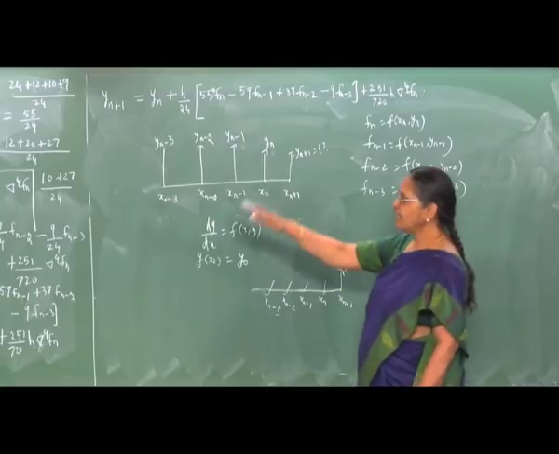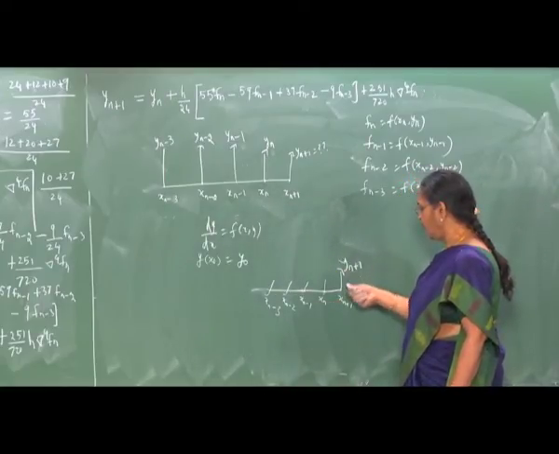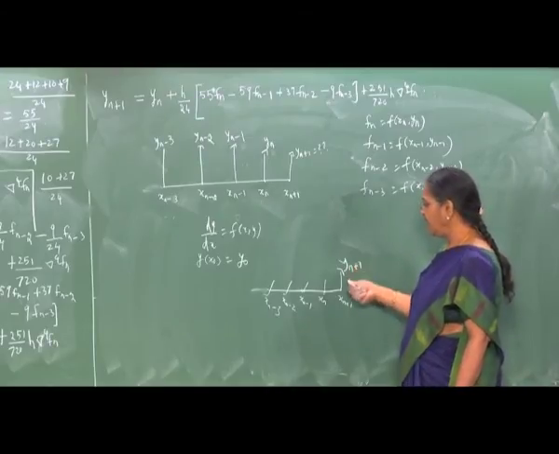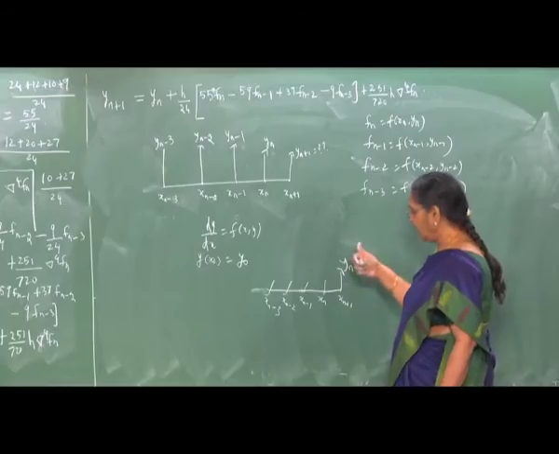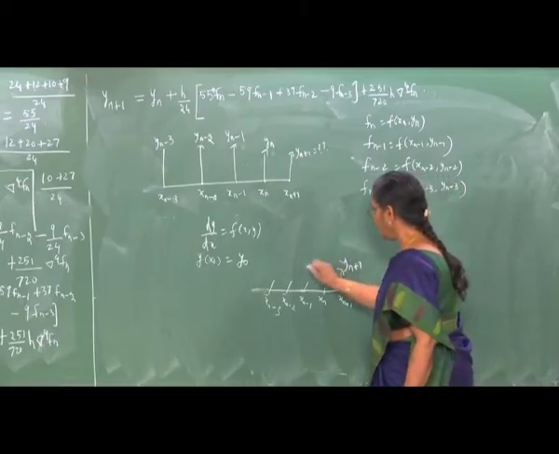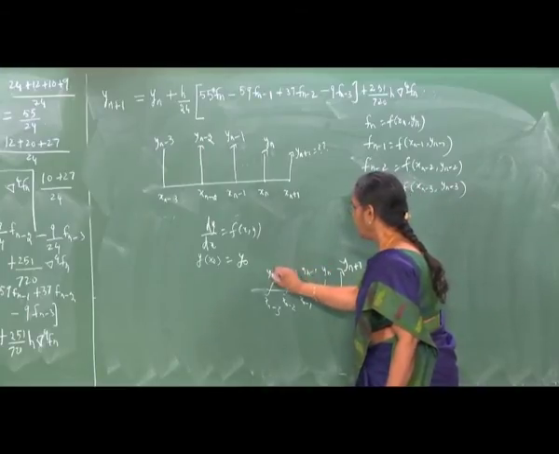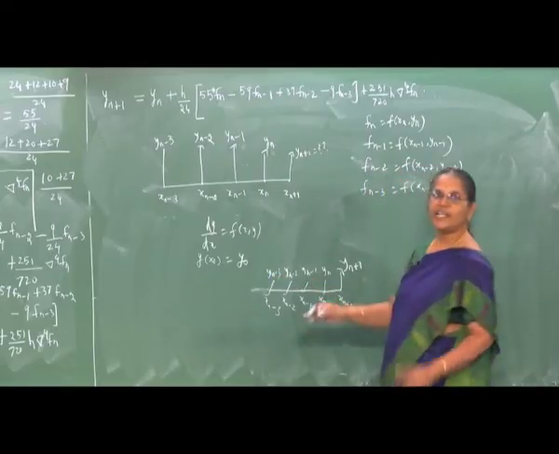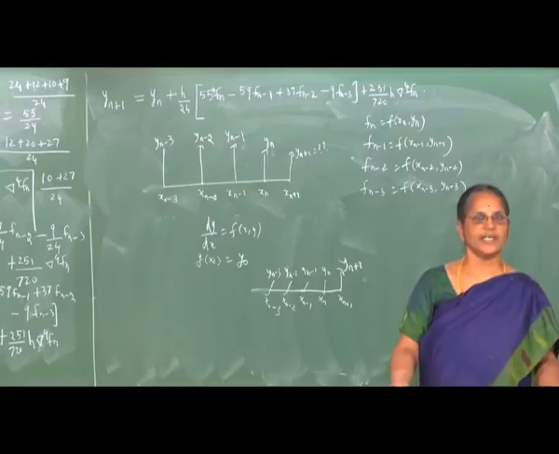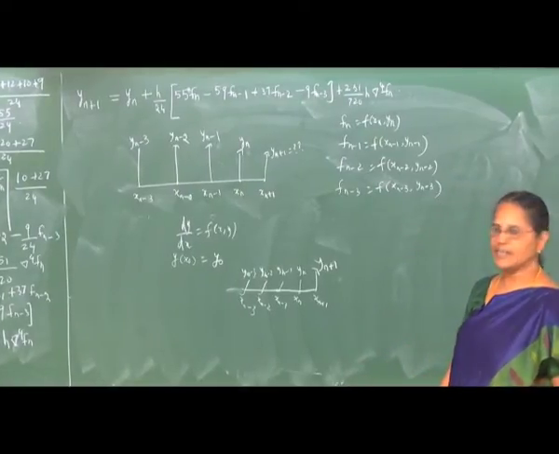So, this is a multi-step method, because the value at xn plus 1, which is yn plus 1, is obtained by having information or knowledge about the solution at the previous points, which can either be given to you a priori or you will have to compute using the single step methods which you have already learnt.